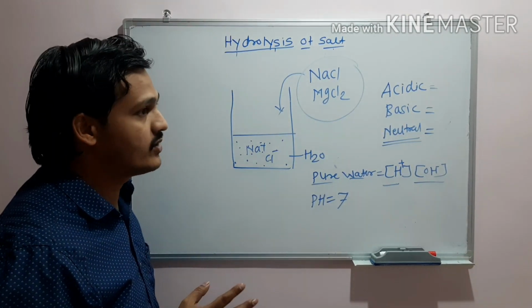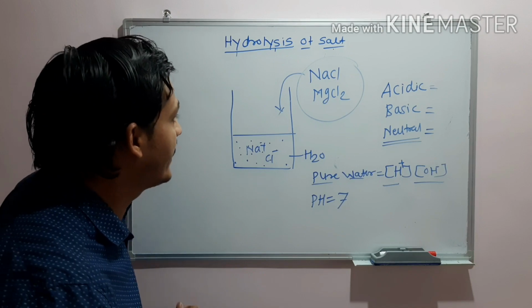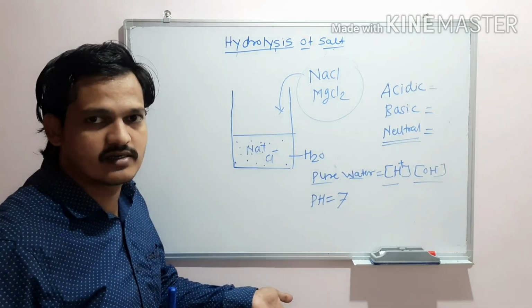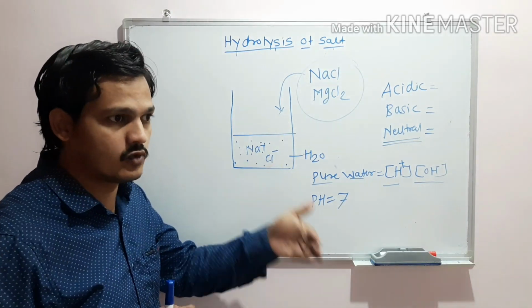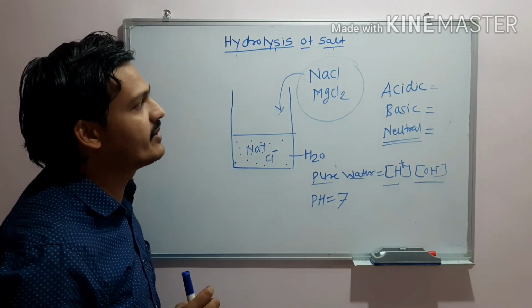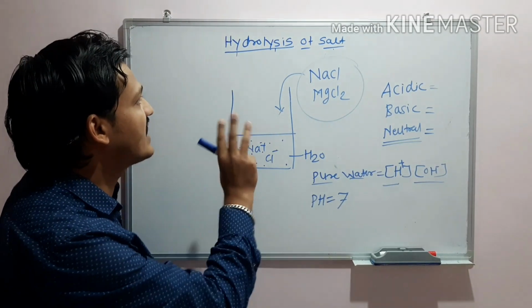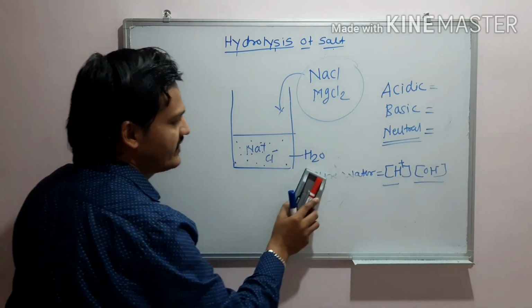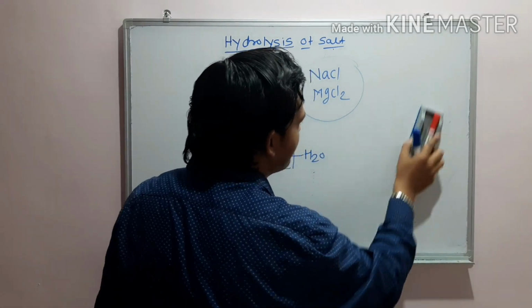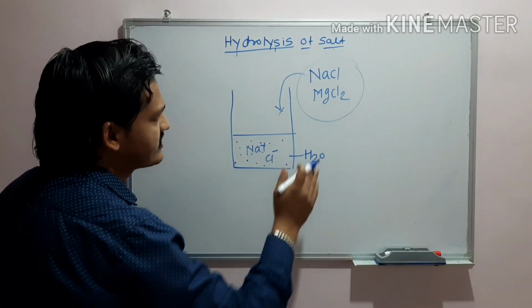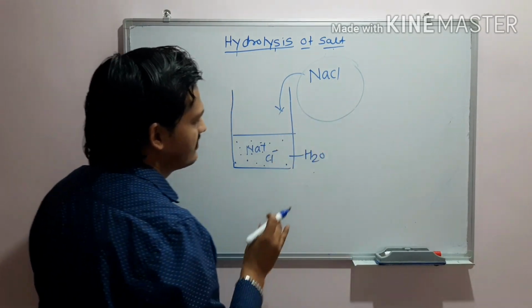Okay, so I am giving you more details regarding hydrolysis. The definition: salt reacts with water to form an acidic, basic or neutral solution depending upon the type of salt, called hydrolysis of salt. Suppose I add NaCl to this water.